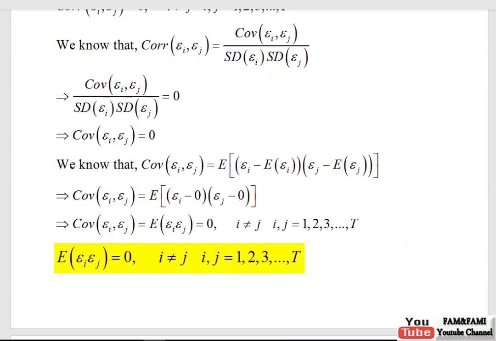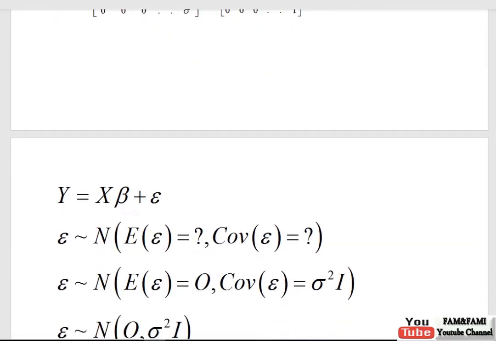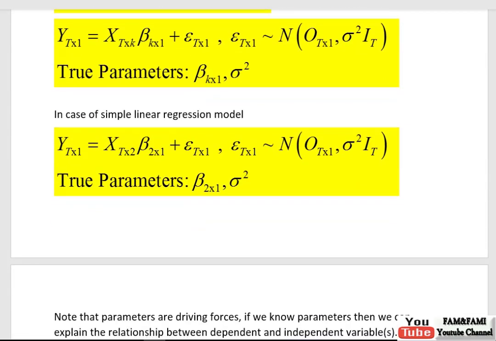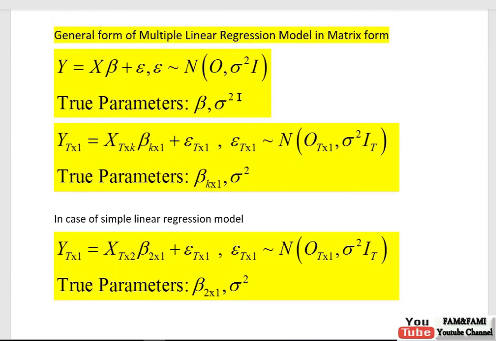So now the only thing that you need to adjust is, if you are using a multiple linear regression model, the dimension is t by k and beta is k by 1. And if you are dealing with a simple linear regression model, in matrix notation, all you need to adjust is the number of columns in this x matrix, and also the elements in this big beta vector.